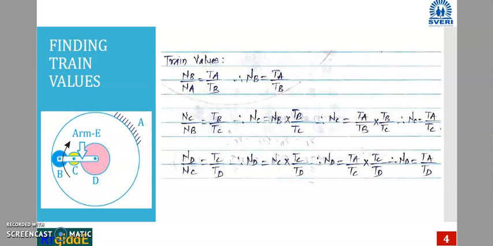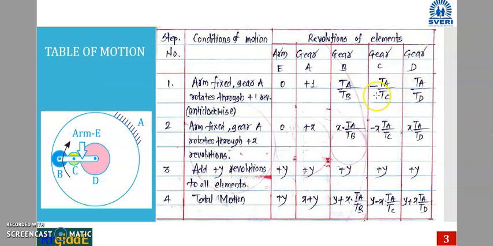In this way, we can calculate the train value, and finally we are going to write it here in the first row. Again, A is in the anti-clockwise direction, then B is in mesh with A. As this is internal meshing, B will rotate in the same direction, so in the anti-clockwise direction, therefore plus sign.